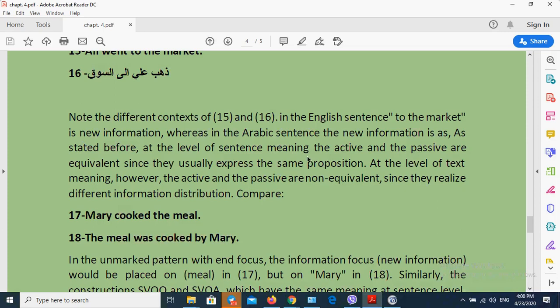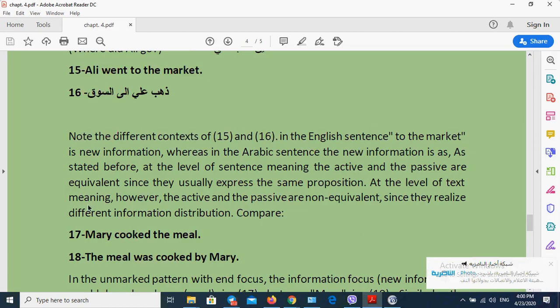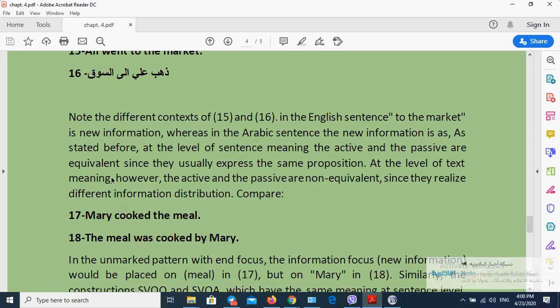At the level of a sentence, the active and the passive are equivalent, since they usually express the same proposition. At the level of context, however, the active and the passive are non-equivalent, since they realize different information distribution.